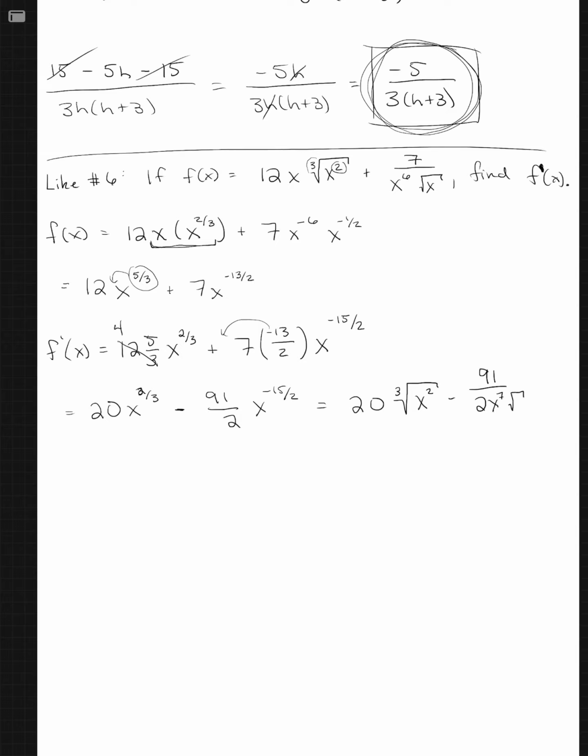So that's x to the 7 times the square root of x. But this would also be a perfectly fine way to leave the answer as far as I'm concerned. If the program winds up not liking it, just let me know and I'll fix it. But it should accept something that looks like this.